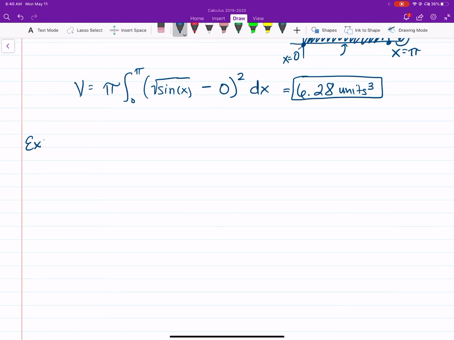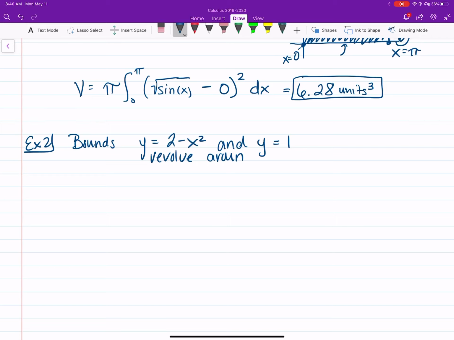All right, example 2. Let's do another one. Here are your bounds: y equals 2 minus x squared and y equals 1. And we're going to revolve around y equals 1.